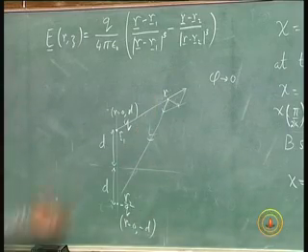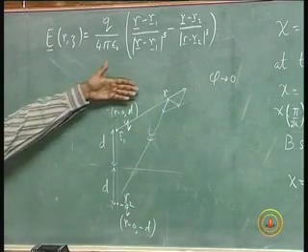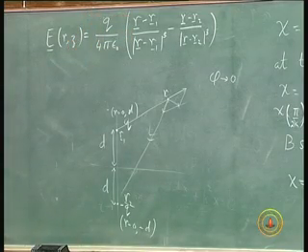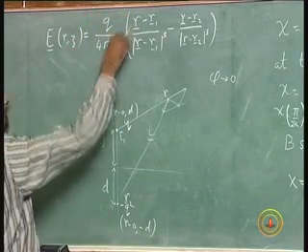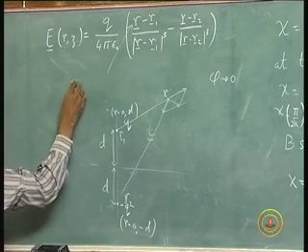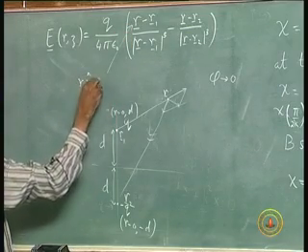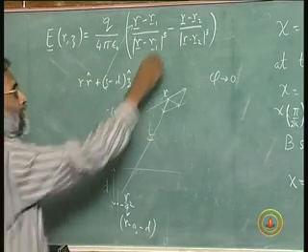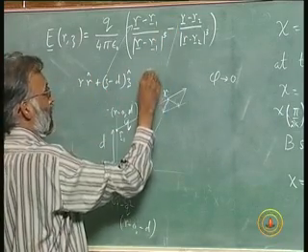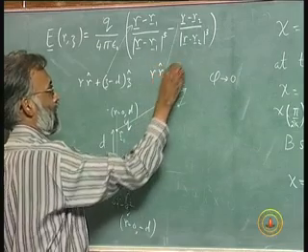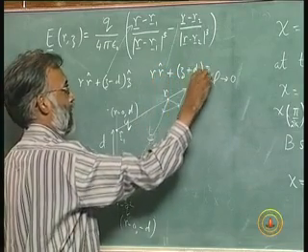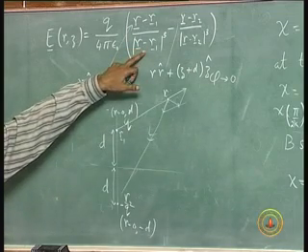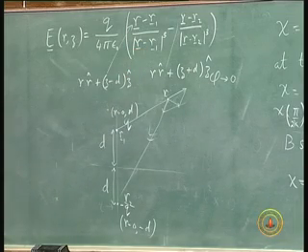I will leave it as an exercise for you to work out the actual values. It's actually quite easy, because r minus r1 is nothing but r hat plus z minus d z hat, and r minus r2 is nothing but r hat plus z plus d z hat. So, just substituting these, you can work out what this expression is.